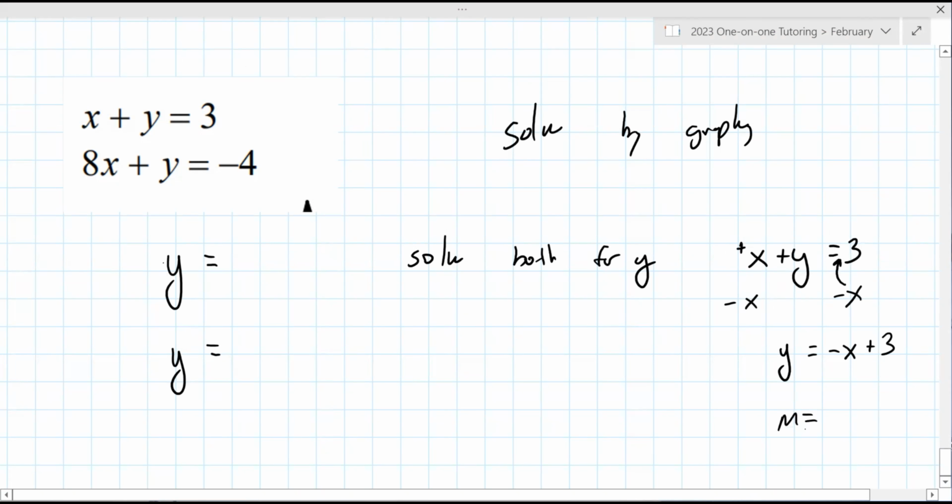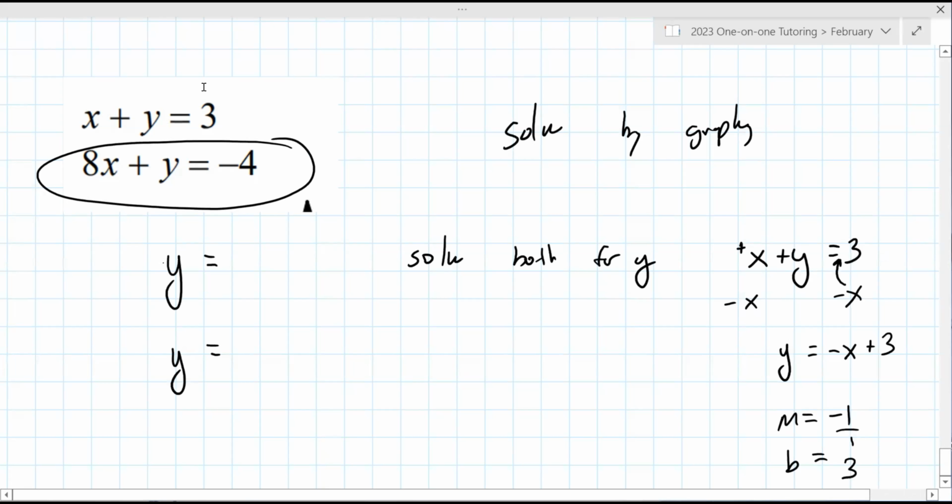What is the slope and what is the b value? The slope is -1/1. And what's the b value? 3. Great.